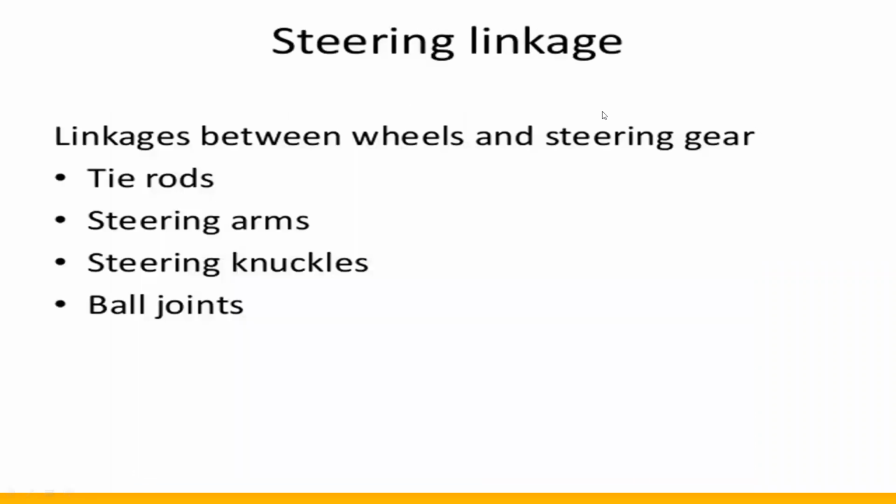And next one, steering linkages. What are the different linkages used in this steering system? The linkages between the wheels and the steering gear are tie rods, steering arms, steering knuckles, and ball joints. These are the different linkages used in the steering system.